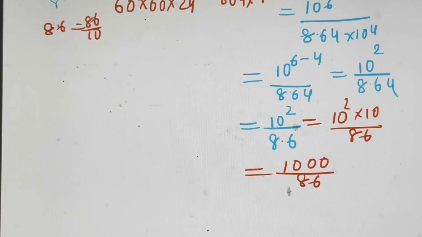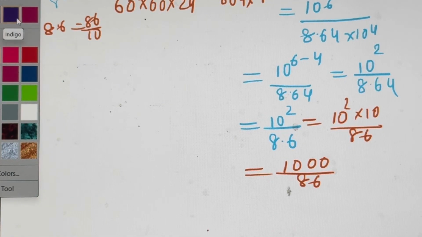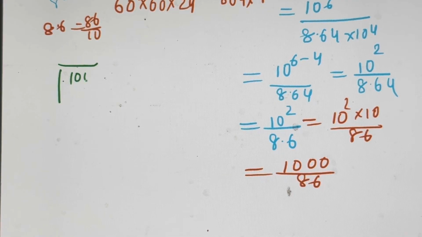Right? So now let us see what we get. From this you will understand that we cannot go to years. Let us divide this. I'll show you the division. Let me use a different color. So 1000 divided by 86, since we have reduced 864 to 86, so that becomes easy. 86 ones are 86. 100 minus 86 is 14, right?